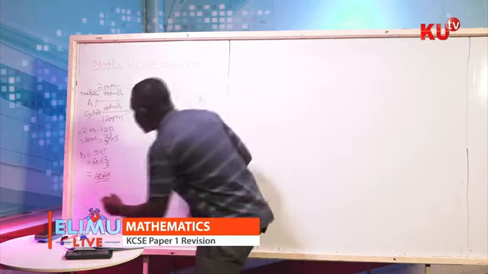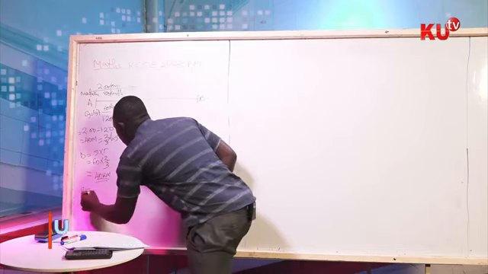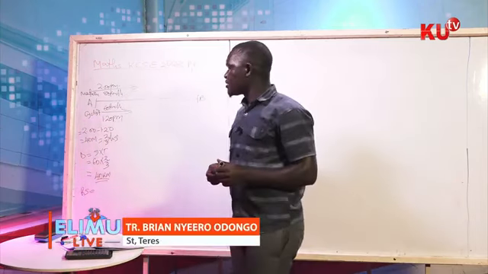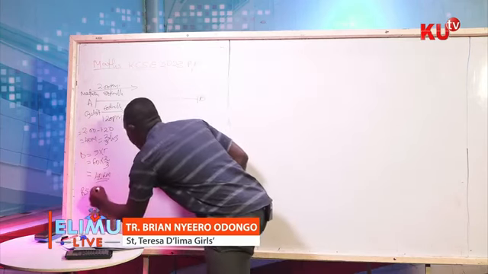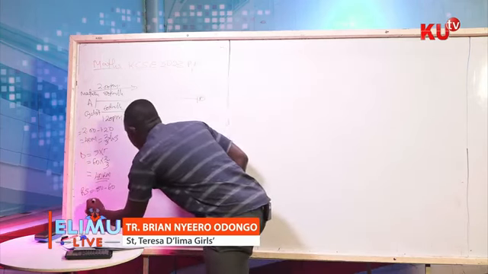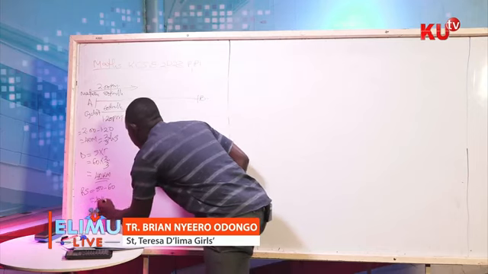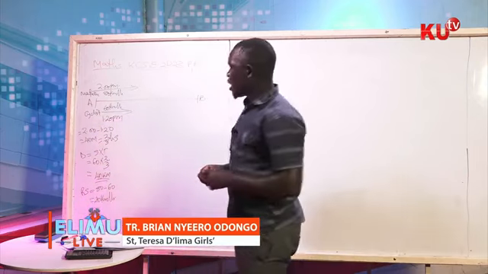So we first get the relative speed. In order to get the relative speed for bodies moving in the same direction, you simply do subtraction. So this is 80 less 60, which gives you 20 kilometers per hour.